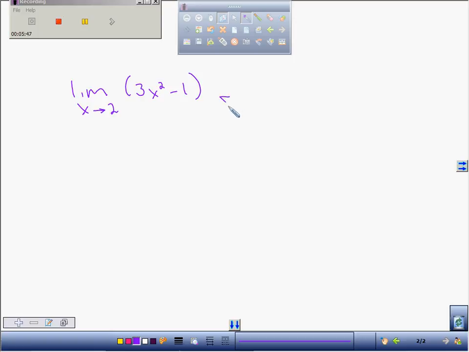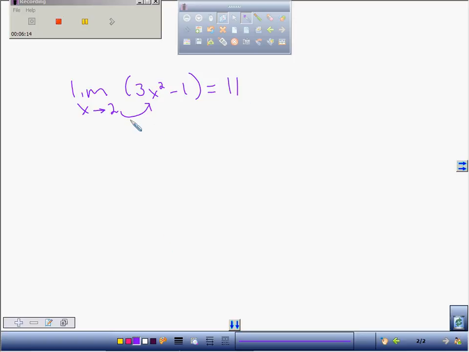Anyone want to tell me what that limit is? I'm going to write an equal sign. Equals, what is it? 11. All you really have to do in this case is plug that number in. So 3 times 2 squared is 12, minus 1 gives you 11.